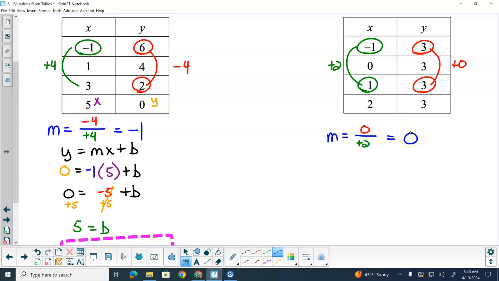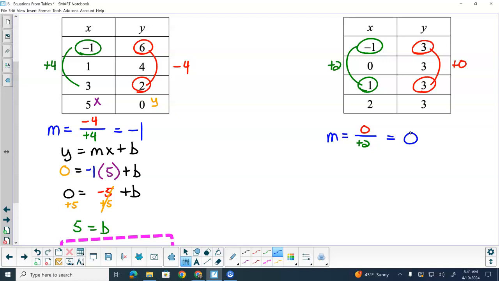Just 0. Done. Do you want to use the shortcut, or do you want to use y equals mx plus b? You tell me. You got to know the shortcut if we're going to use the shortcut. Do you know the shortcut? What is the shortcut then?